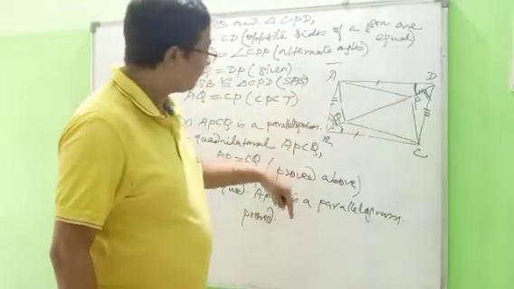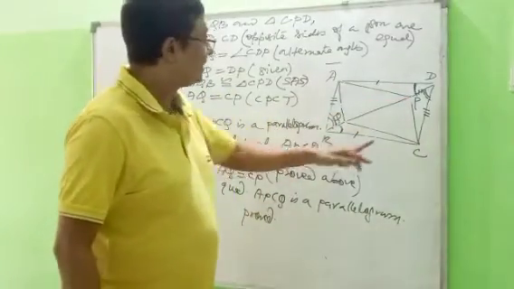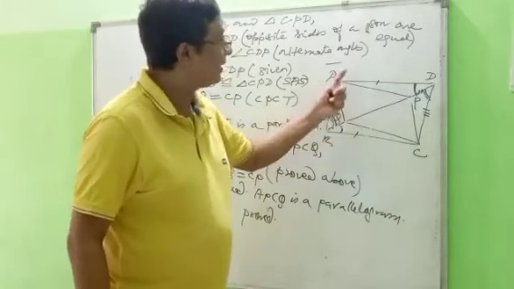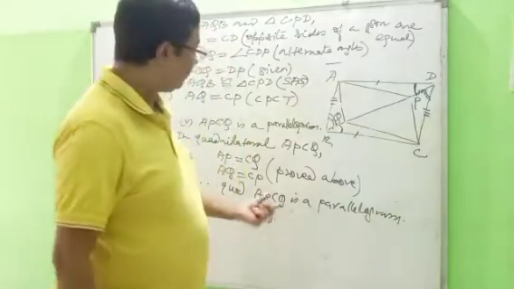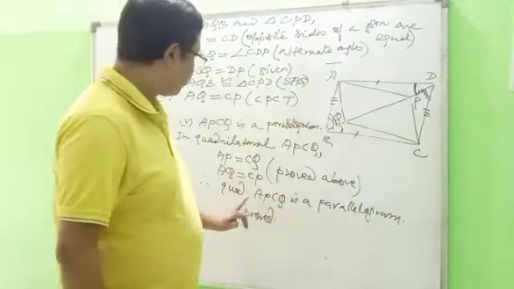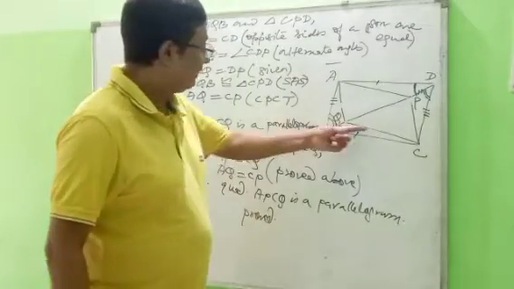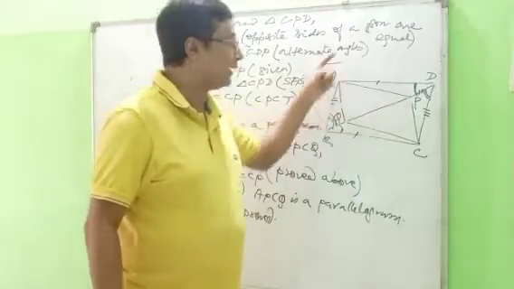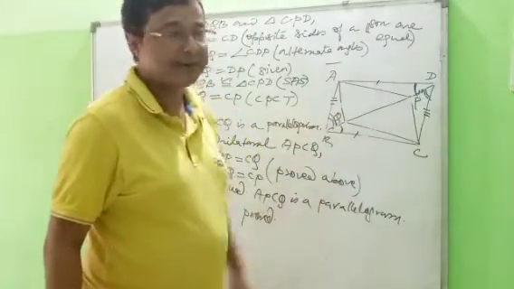Now the last proof, you have to prove that ABCQ should be a parallelogram. So as I have told you that there are 4 conditions. Out of these 4, you have used this condition that if both the pairs of opposite sides are equal, then that quadrilateral will be called a parallelogram.